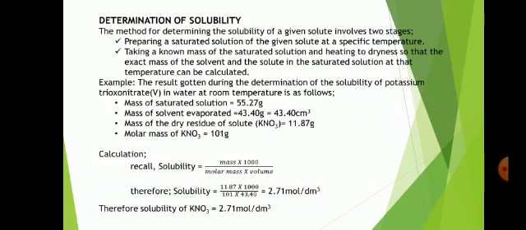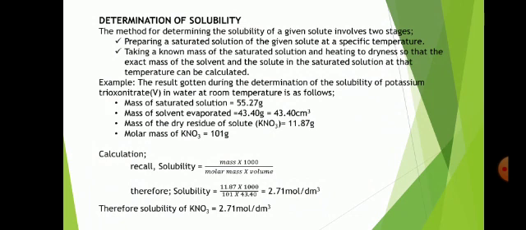How is this done? Let's consider, for example, we prepare a saturated solution of potassium trioxonitrate(V) salt in water at room temperature. After preparing, we take part of that solution. We measure the mass of the part of the solution that was prepared, and the mass measured was 55.27 gram.